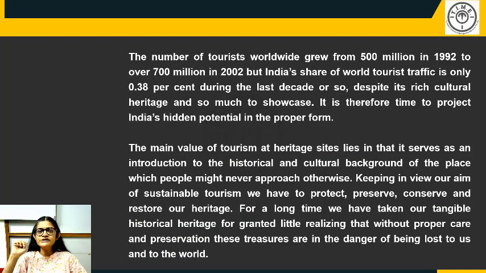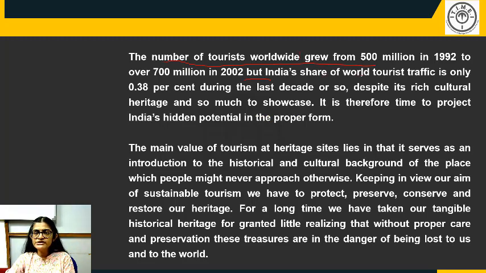The number of tourists worldwide grew from 500 million in 1992 to over 700 million in 2002. But India's share, now when you see but here, like we said earlier, here they are talking of a positive trend in tourism. It grew. Then when the author uses the word but, we know that the author is going to say something negative, right?